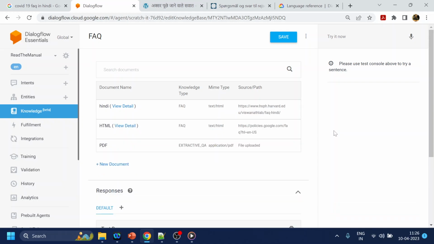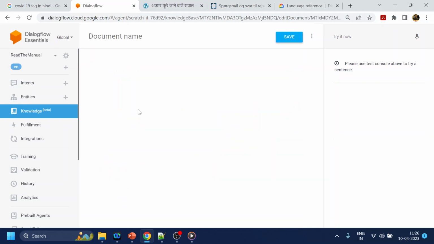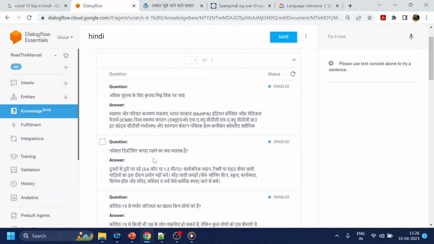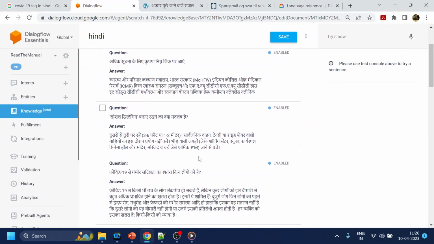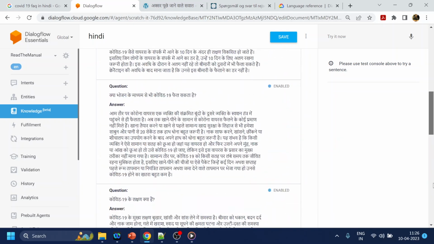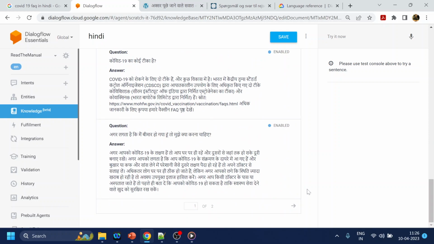Okay, so Hindi has been created. If we click on view details, let's see if it has read the documents. It has read the questions, so it does understand, at least from the HTML tags, which are the questions and which are the answers. I think it has detected all the questions. There are a few other pages also.